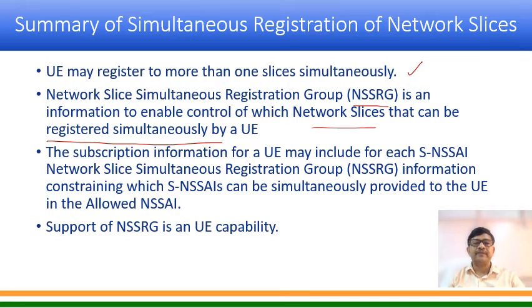So subscription information for the UE may include, for each S-NSSAI, the network slice simultaneous registration group information, constraining which S-NSSAIs can be simultaneously provided to the UE in the allowed NSSAI. Out of the allowed network slices, which ones it can simultaneously register to is limited by this particular group.